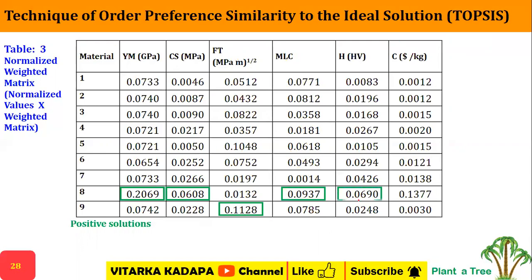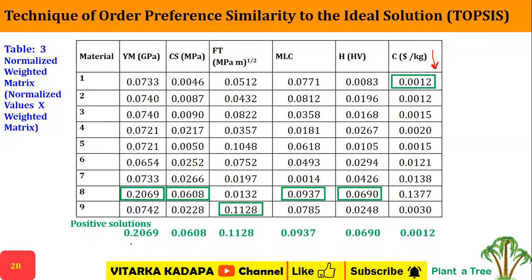Hardness, this is the maximum value. And for the cost, we have to consider the minimum. Why? Because cost is a non-beneficial attribute. For the positive solution, we take the cost which should be as low as possible. Here the lowest value is 0.02. We have this one also as the lowest value, but any of them we can consider.